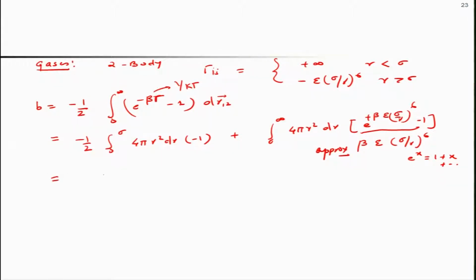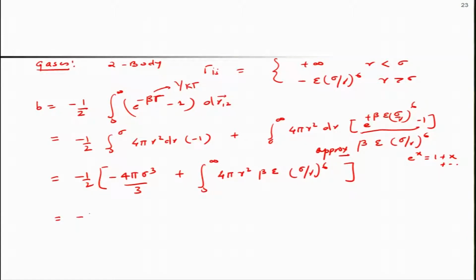In that case, what we have is minus 1 by 2 minus of 4 pi sigma cube by 3 plus 0 to infinity 4 pi r square beta epsilon sigma by r to the 6. Okay. Now, I can further simplify.